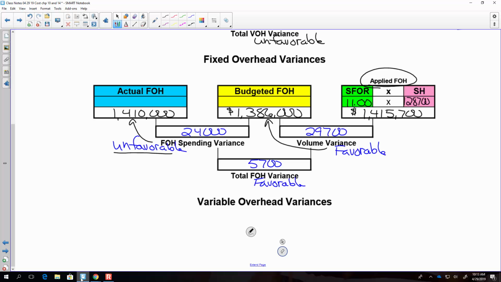So, not knowing our actual overheads, both variable and fixed, we can use our variances to get to that number using the templates. That will be common on the test also, so be ready for those. For the bottom one, the budgeted should be less than the applied for it to be favorable? Correct. That's our only favorable one, so it will be less on the left than the right side.